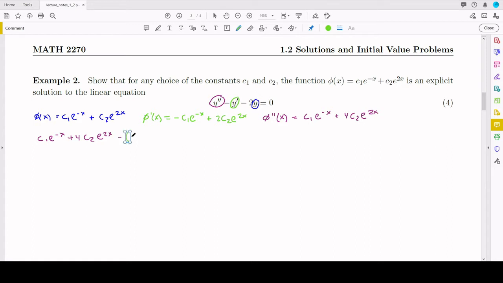So we have minus negative c1 e to the power negative x plus 2 c2 e to the power 2x, and then minus 2 times the y, so the original function c1 e to the power negative x plus c2 e to the power 2x. And we're asking ourselves, is that equal to 0?